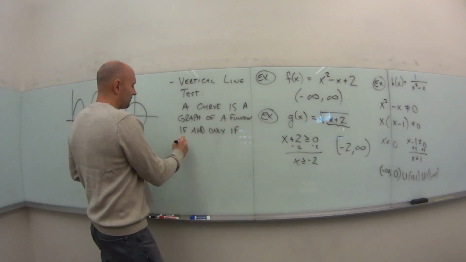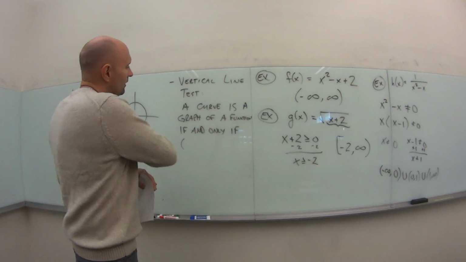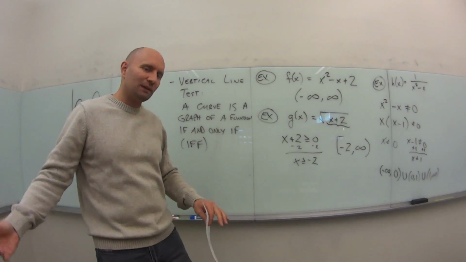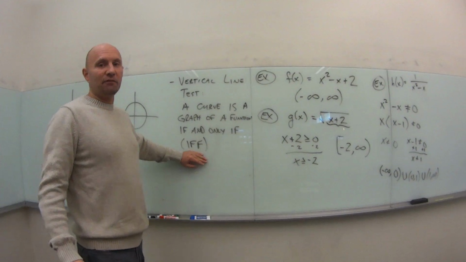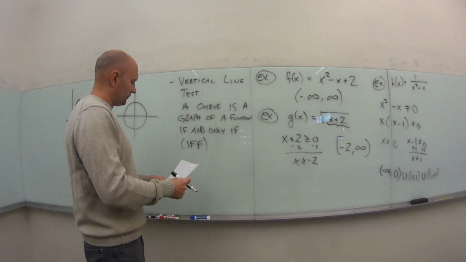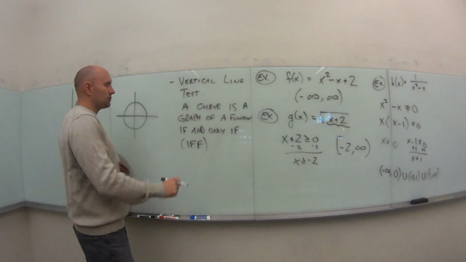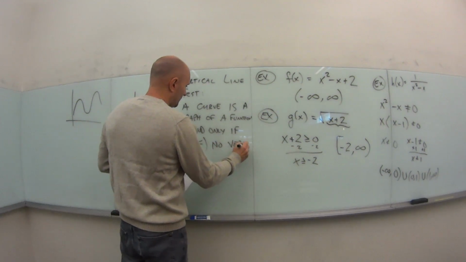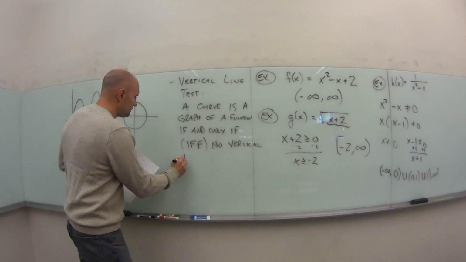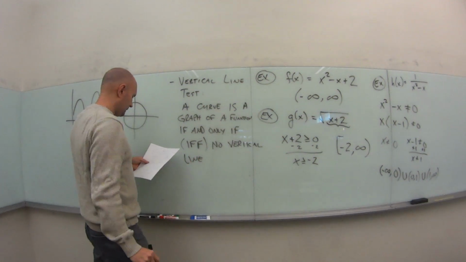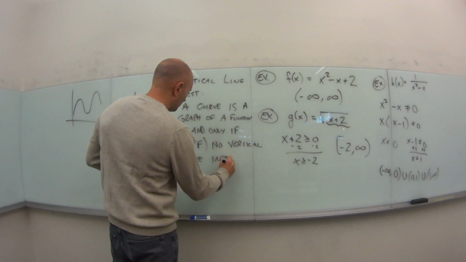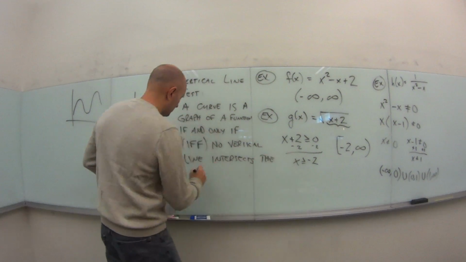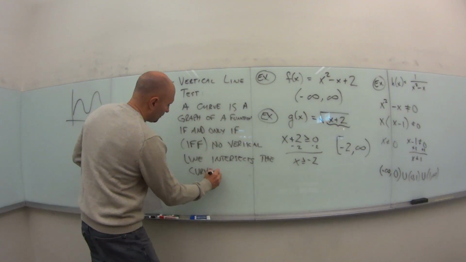We're going to be using this a lot this semester, this idea of if and only if. So instead of having to write that out all the time, remember I tell you guys mathematicians were lazy? We abbreviated this, IFF. If and only if is what that stands for. So a curve is a graph of a function if and only if no vertical line intersects the curve more than once.